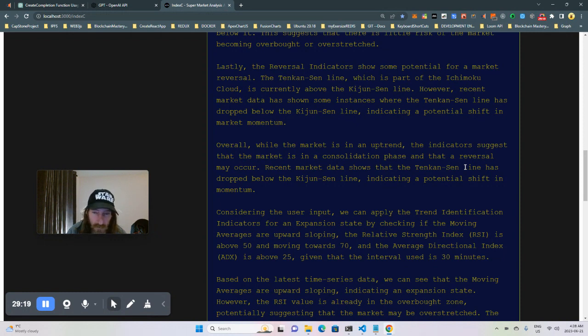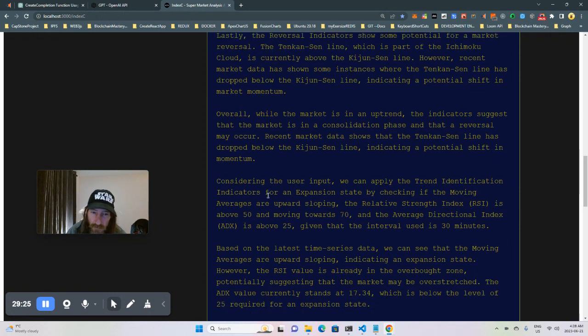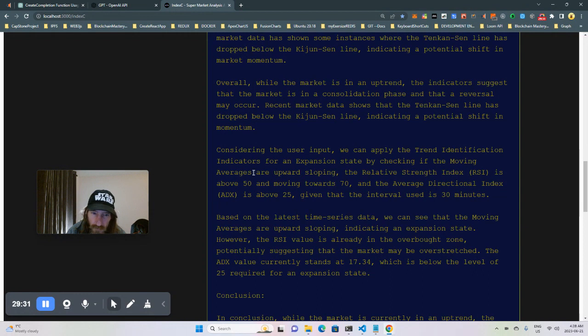Recent market data shows that the Tenkan-sen line has dropped below the Kijun-sen line, indicating a potential shift in momentum. Considering the user input, we can apply the trend identification indicators for an expansion state by checking if the moving averages are upward sloping, the relative strength index, RSI, is above 50 and moving towards 70, and the average directional index, ADX, is above 25, given that the interval used is 30 minutes.